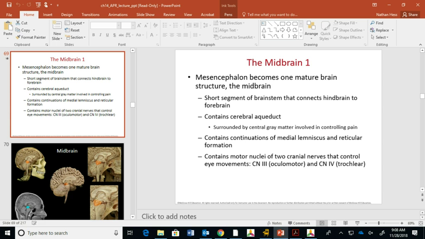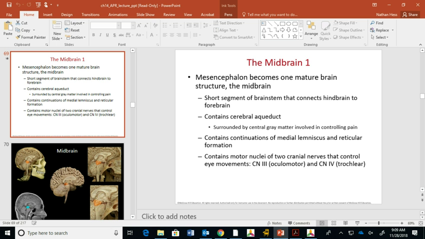It continues to have that reticular formation. Again, these controls of these basic functions. It also contains the cerebral aqueduct. You remember we talked about that yesterday? That little pathway, the little river flowing between the 3rd and the 4th ventricles. That's contained there in the midbrain.